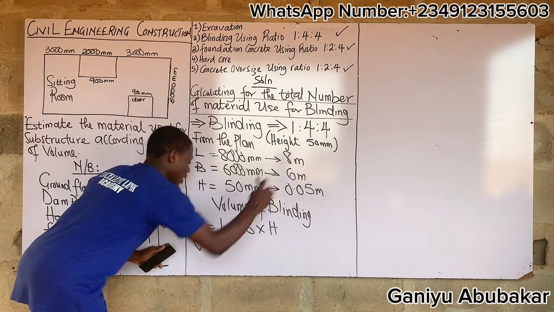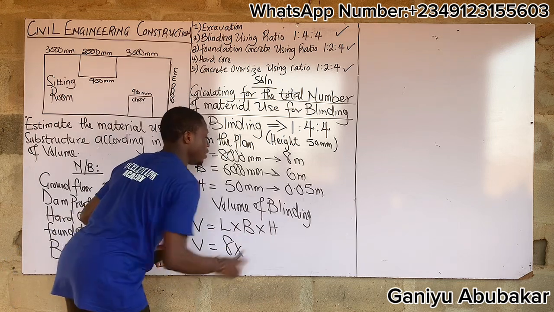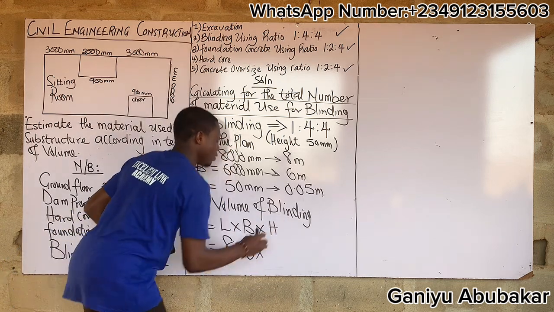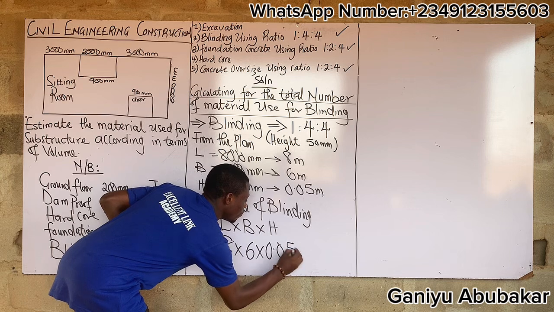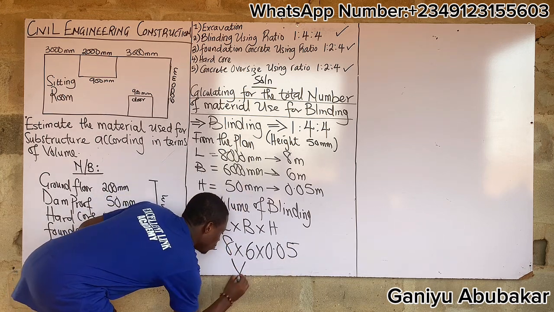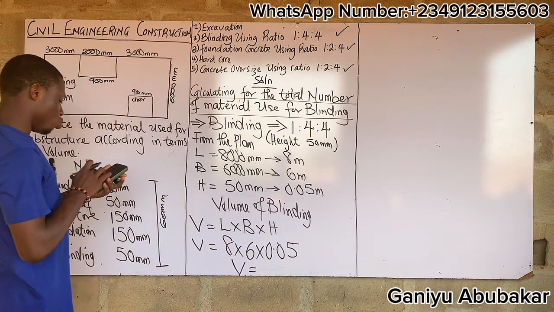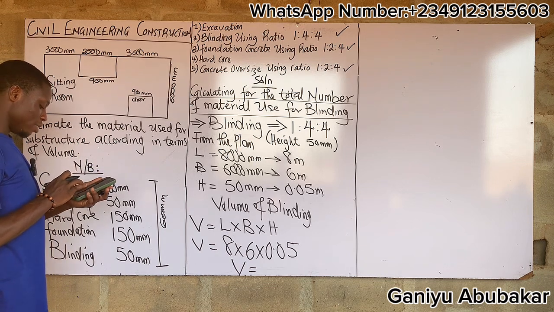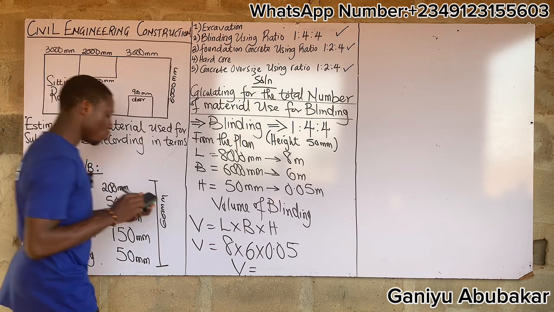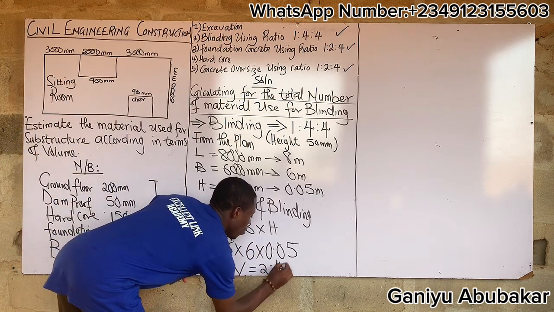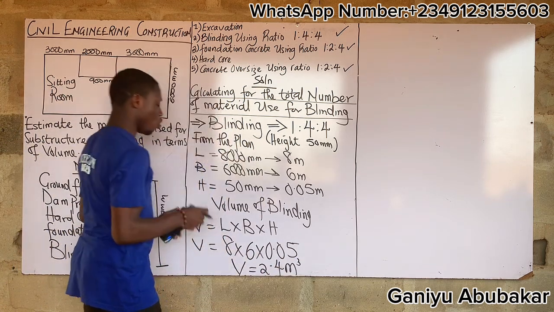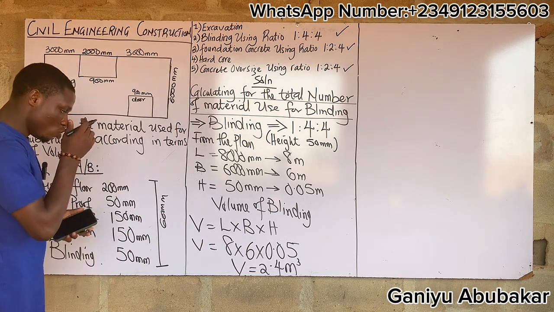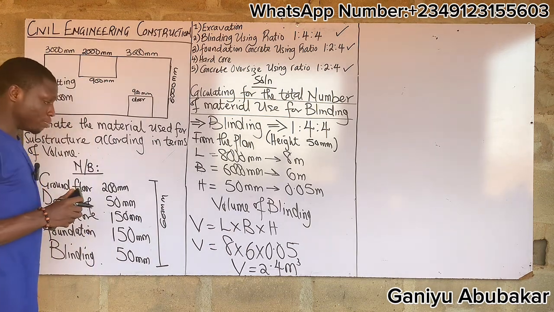Of course, that's 8 meter, times breadth, 6, times height, 0.05. If I multiply 8 by 6 by 0.05, I have 2.4 meter cube, because volume is meter cube, so I have 2.4 meter cube as my volume.